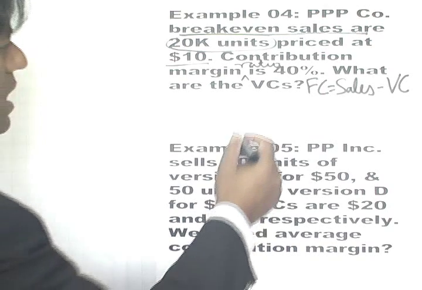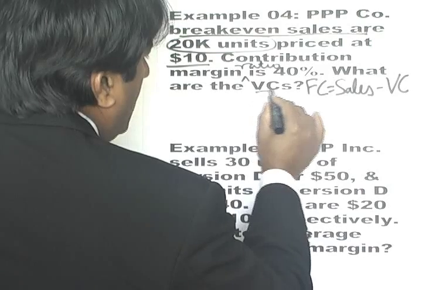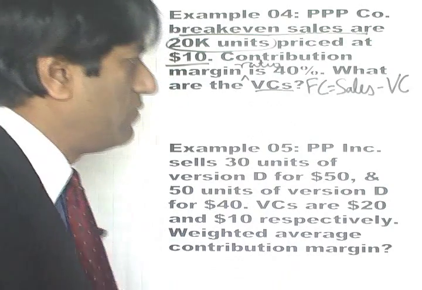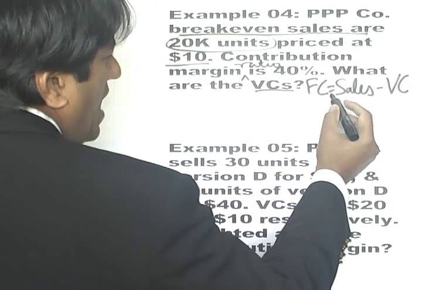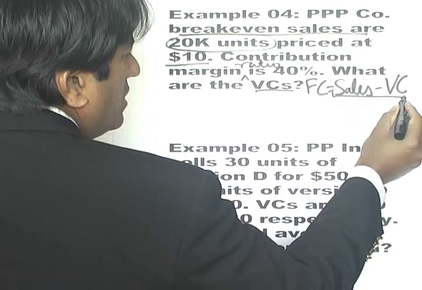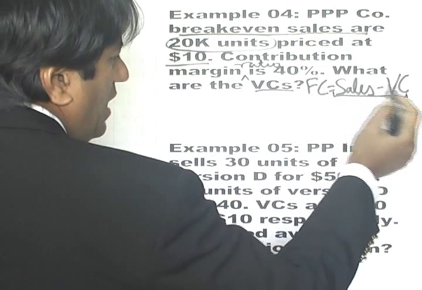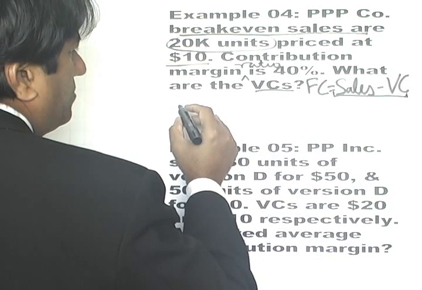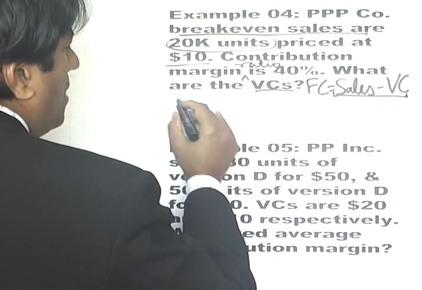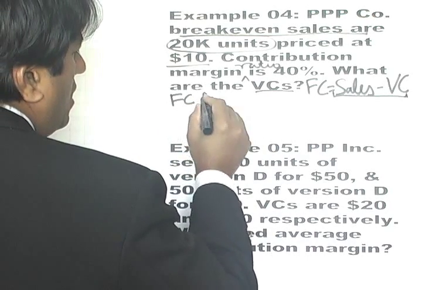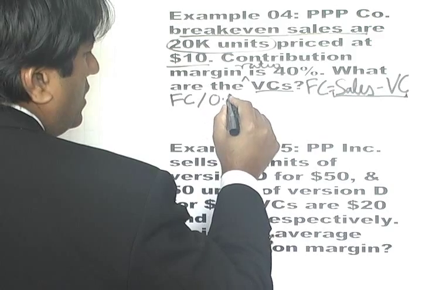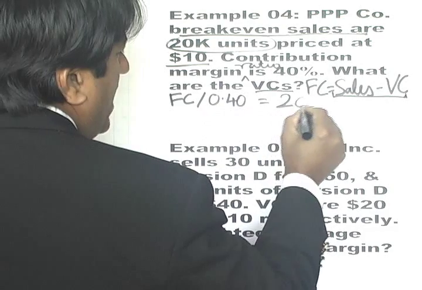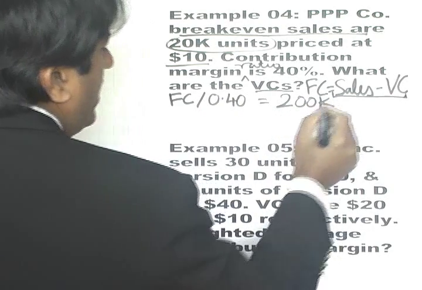So we want to determine what the variable costs are. First, we are going to find fixed costs. And we can find fixed costs because we know that sales minus variable cost, which equals contribution margin, divided by 0.40, will equal sales, which is 200K.